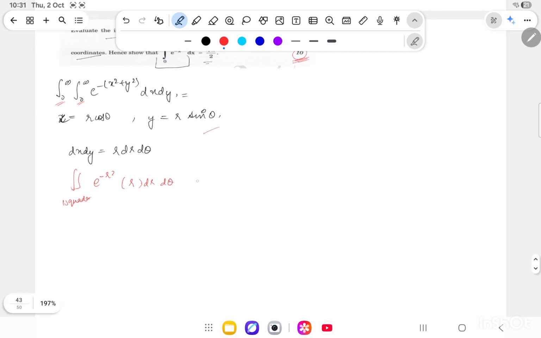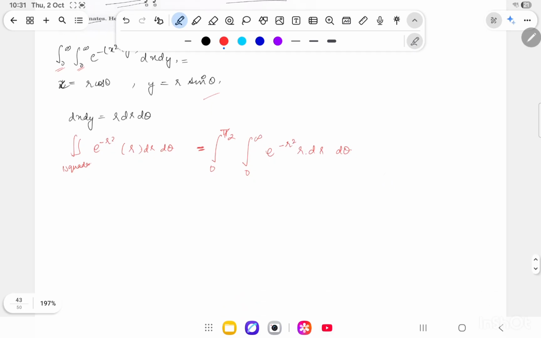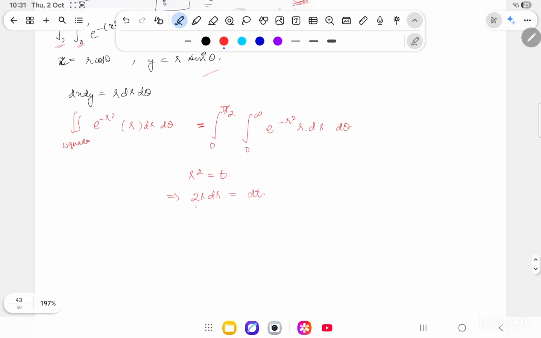So this is equal to the integration over theta from 0 to pi by 2, and r from 0 to infinity, of e raised to minus r square r dr d theta. Now if I put r square equal to t, that gives me 2r dr equal to dt, so r dr is equal to dt by 2.